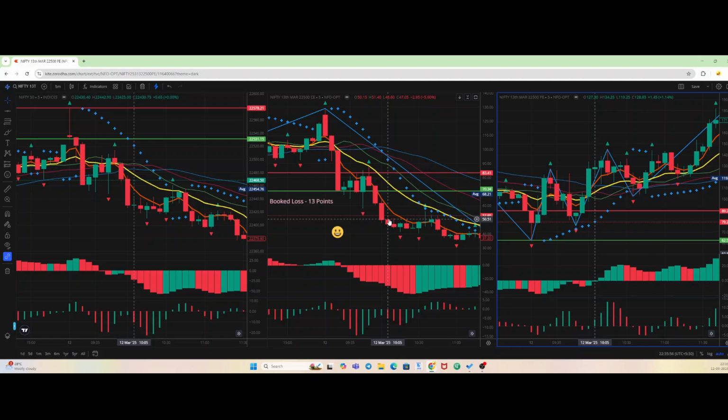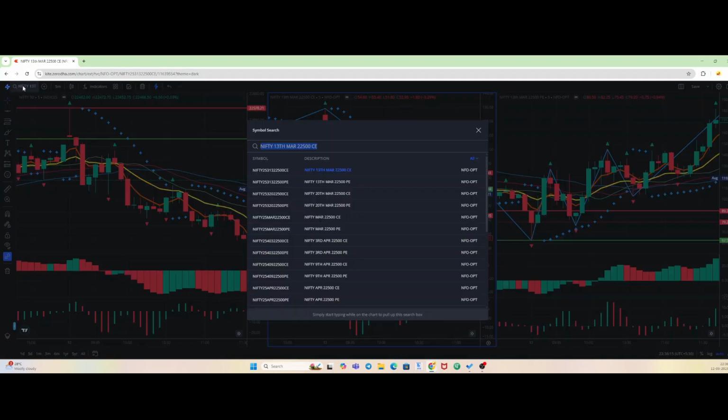It came down to around this area, down to 10.5, around 22,400. Hence we changed the strike. Here we changed the strike to 22,400.